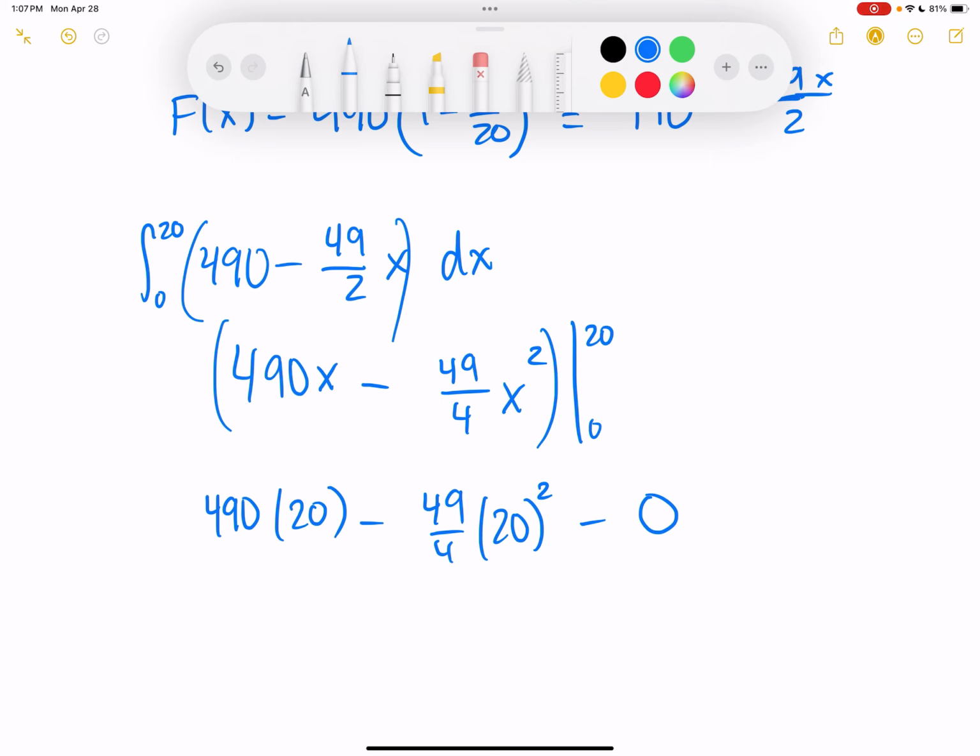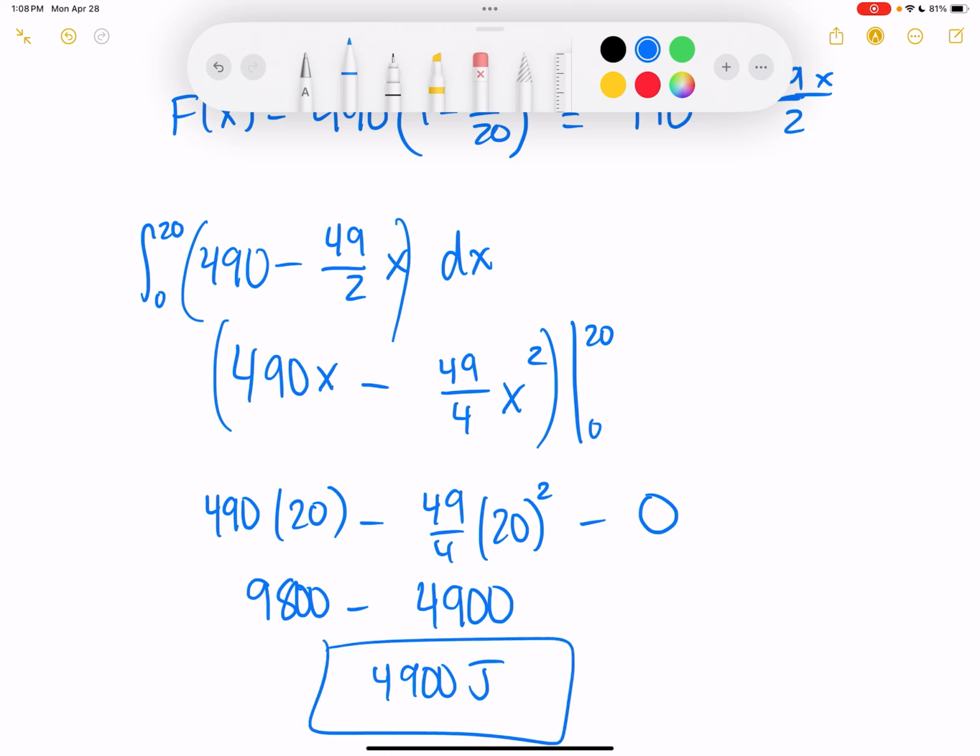Oh, there we go. I was like, something is not right. Is that what you got? Okay. So there's our joules of work done there.